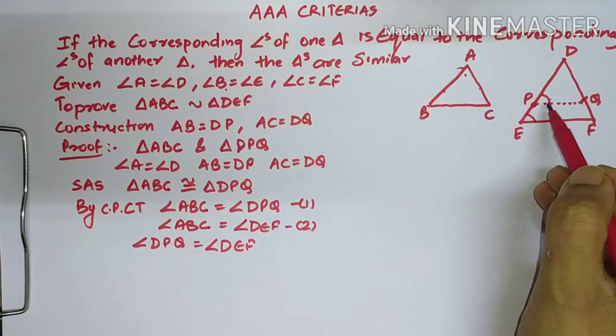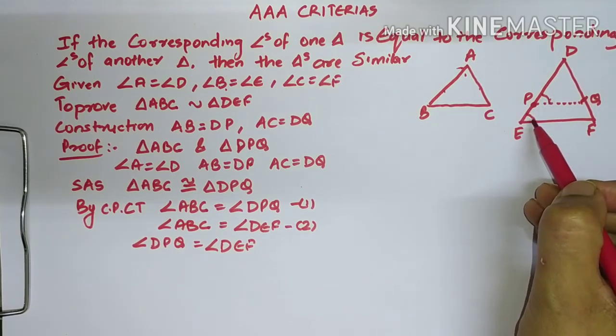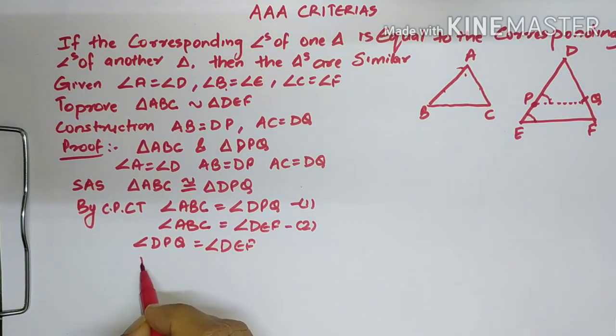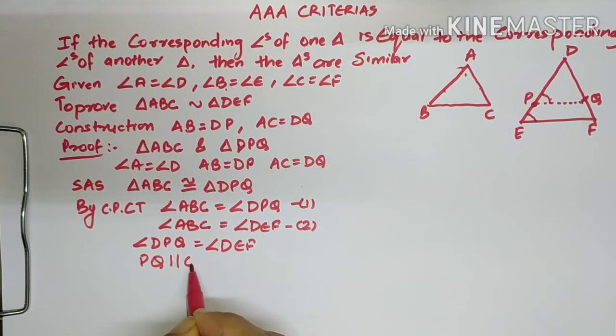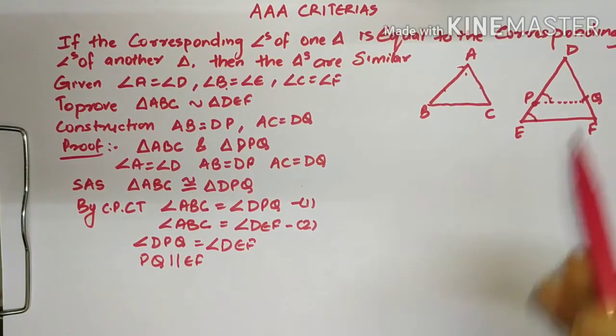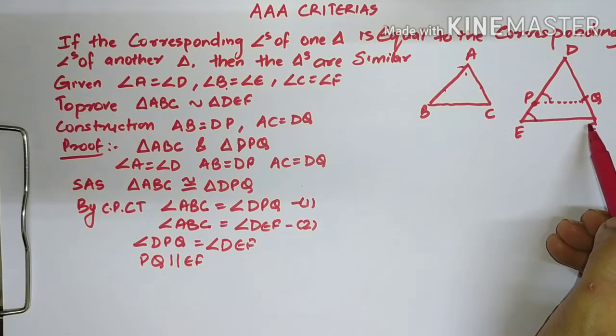So we can see that they are corresponding angles, and because they have been proved equal, we can state that PQ is parallel to EF, according to the corresponding angle axiom. Correct?